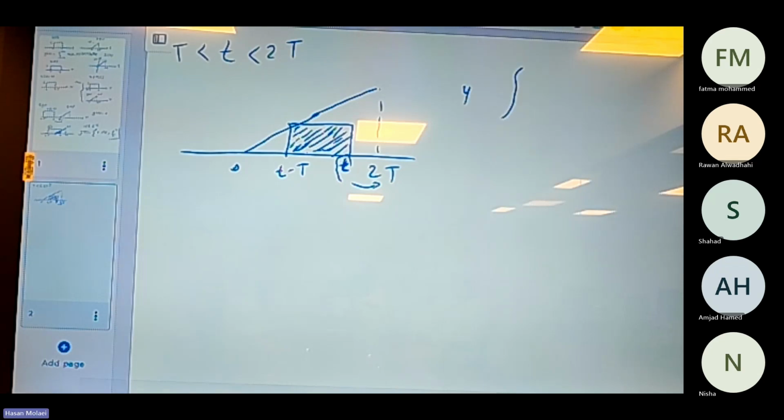y(t). What is the overlap? It is one minus... Exactly, t minus capital T. Okay.